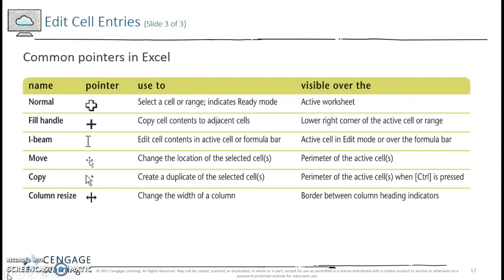And that's the move sign. There's the copy sign and the column resize. As you start to work inside of Excel, you'll start to see these little pointers pop up. And when they pop up, you're like, oh, I know what Mrs. Black was talking about. That is a common pointer in Excel.